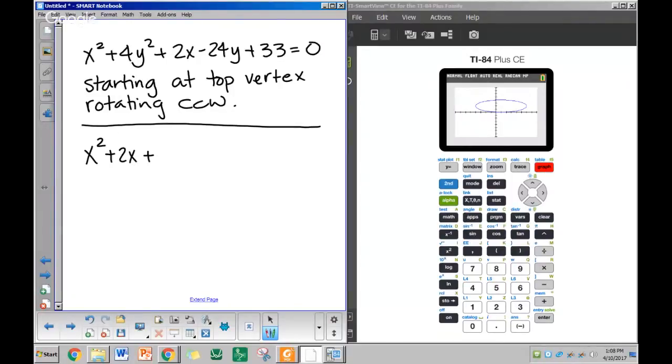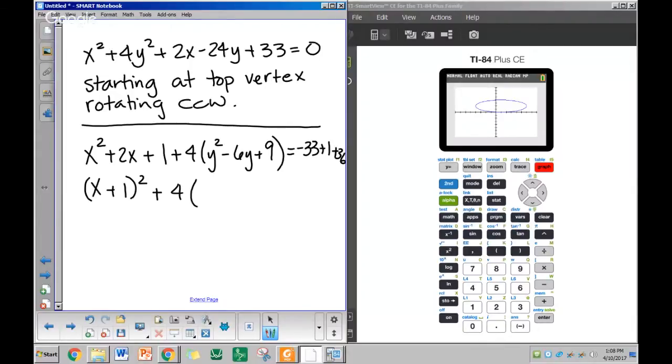What's the plus something? 1. Plus, I'm going to factor the 4 out, and I get y squared minus 6y plus 9 equals negative 33. And then I have to do what? I have to add 1 and add 36. Good. So we get x plus 1 quantity squared plus 4 times y minus 3 quantity squared equals 4.